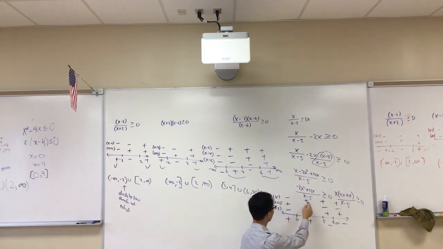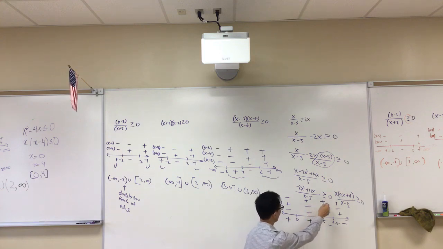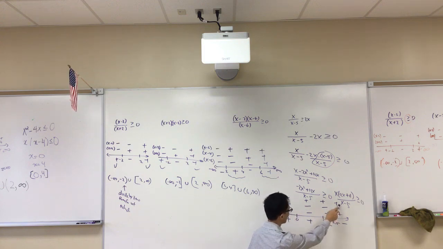Then 5.3: positive, negative, positive. And 6: positive, negative, positive. Okay.